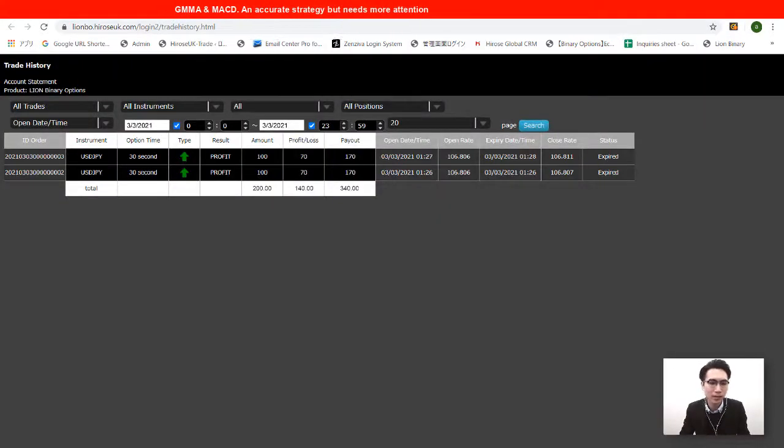Okay, so two trades today, and both of them ended in profits. The GMMA and MACD strategy is not the easiest strategy out there, but it's still one of my favorites because the accuracy of the strategy is quite promising, and the only problem is getting the right idea of the compress and expand of the red line.